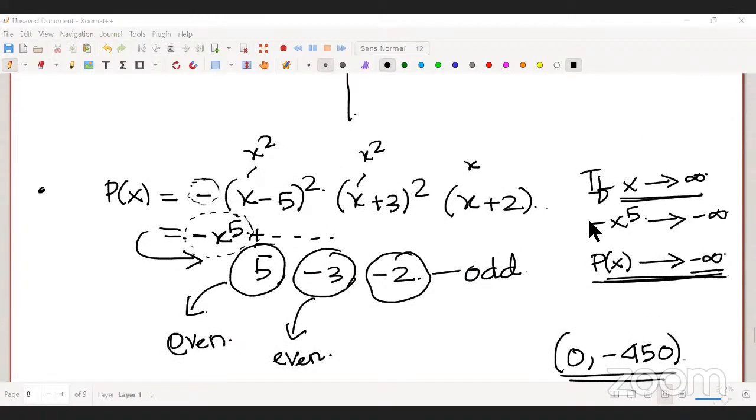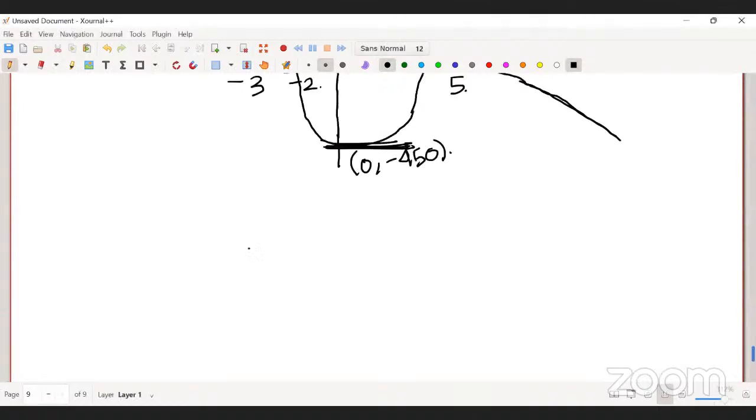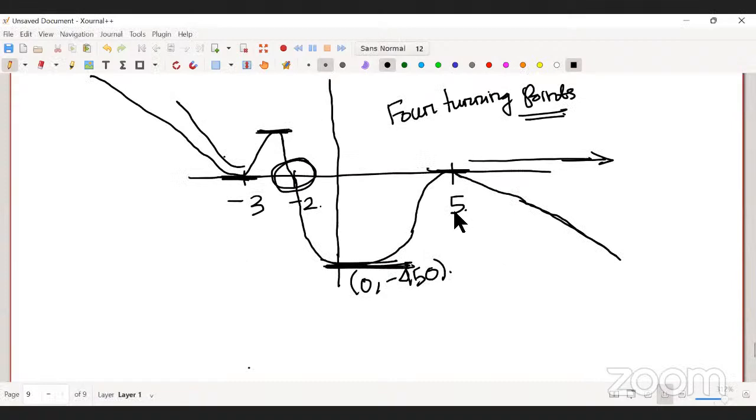So one thing is you have to find out the leading term of that polynomial, the highest one, and the leading coefficient. Once you find out the leading coefficient, after that it's easy, right?